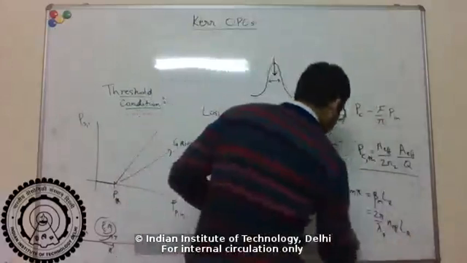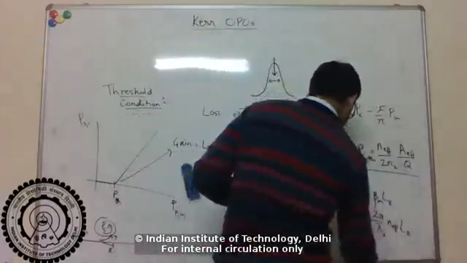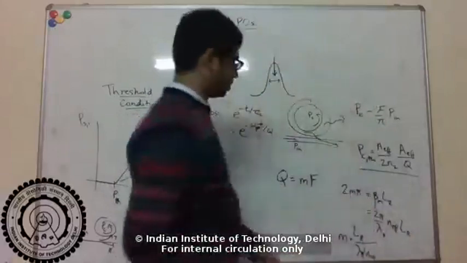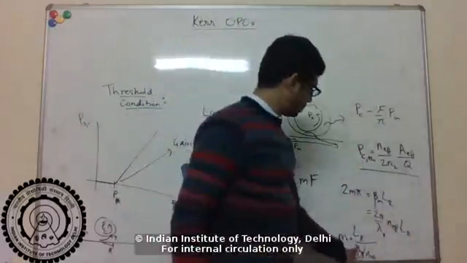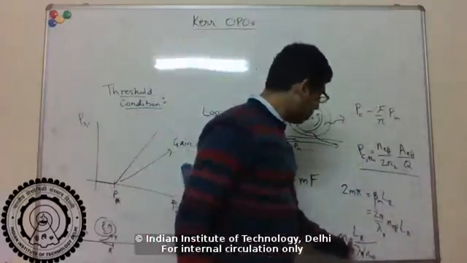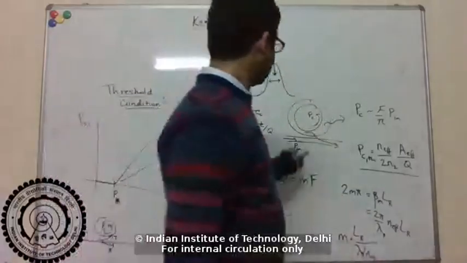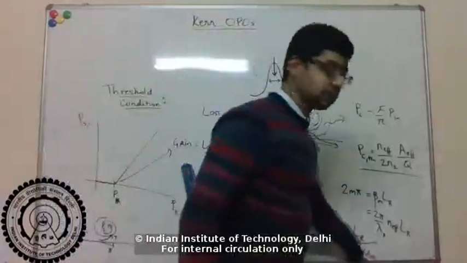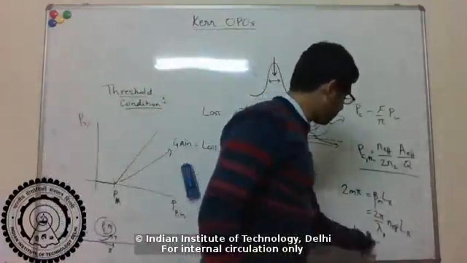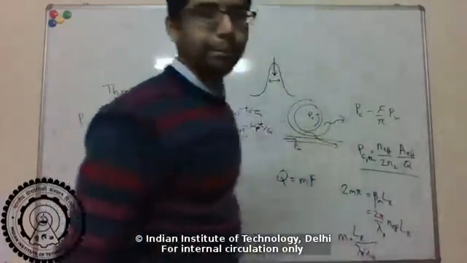So basically we can write m as L_R over λ_p by n effective, which we know already: the mode number is the number of wavelengths. λ_p is the free space wavelength, the wavelength in the medium is λ_p over n, and how many such wavelengths fit in the cavity length L_R? That's the mode number.